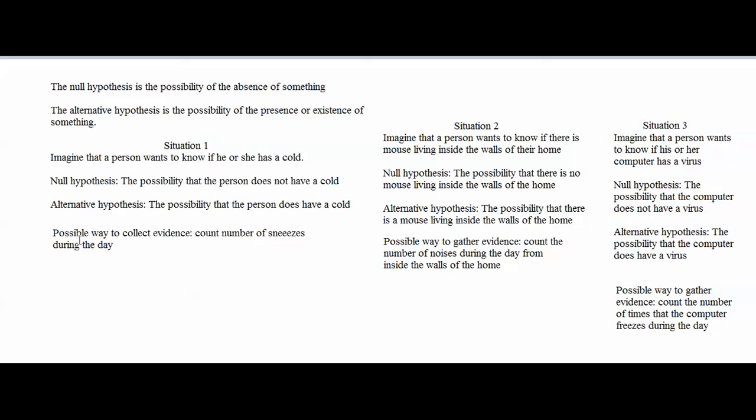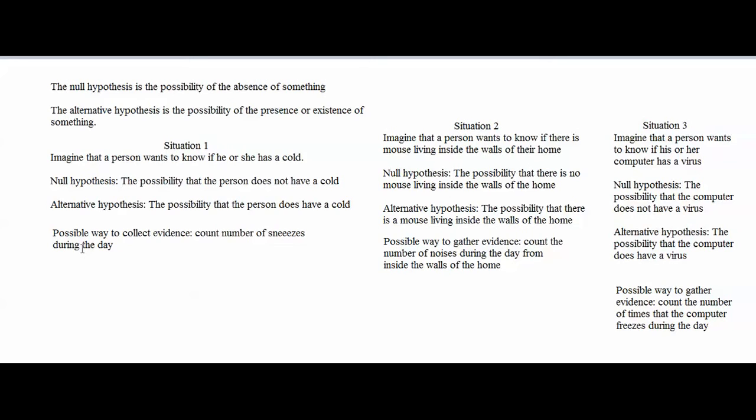So, if I sneeze one time during the day and I'm not convinced that I have a cold, and I just continue to assume that I don't have a cold, and I continue to assume that the null hypothesis is true, that's called failing to reject the null hypothesis. It's pretty much just a non-rejection of the null hypothesis.